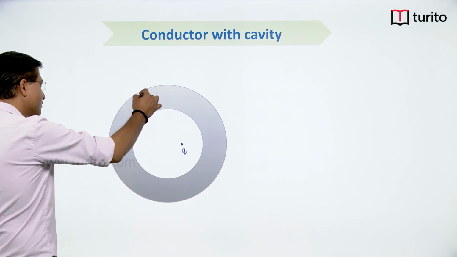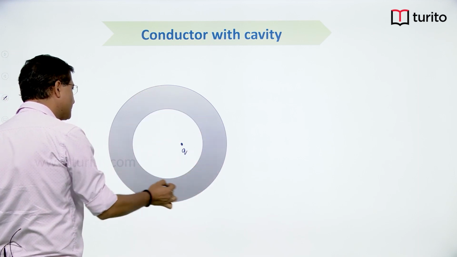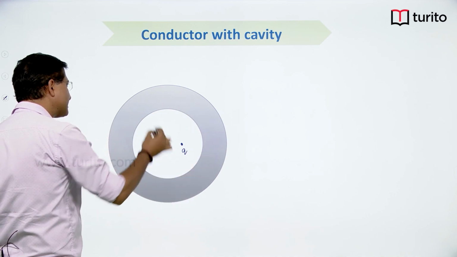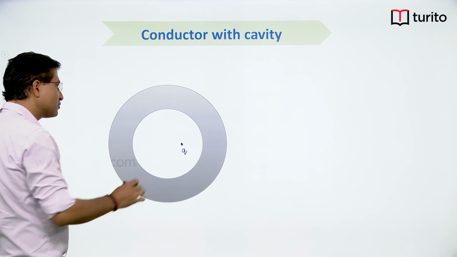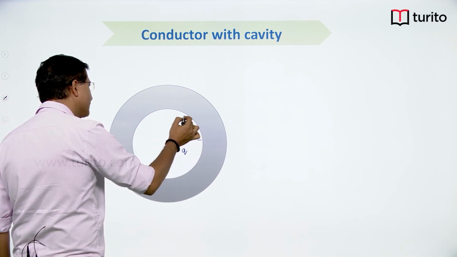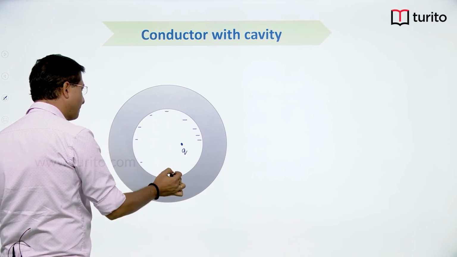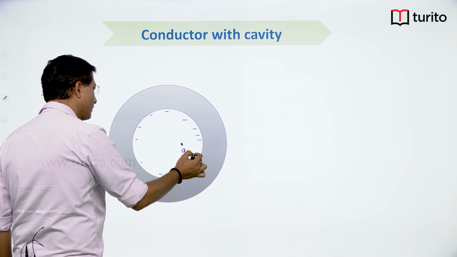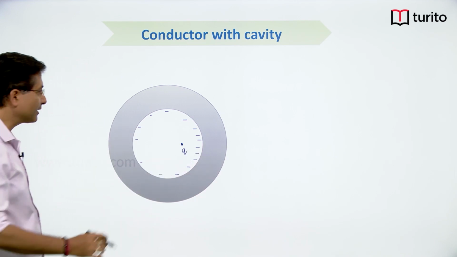Again using Gauss law and drawing Gaussian surface passing through conductor, I can say charge enclosed by Gaussian surface has to be 0. So one thing is sure, that charge appearing on the inner wall of the cavity has to be minus q.